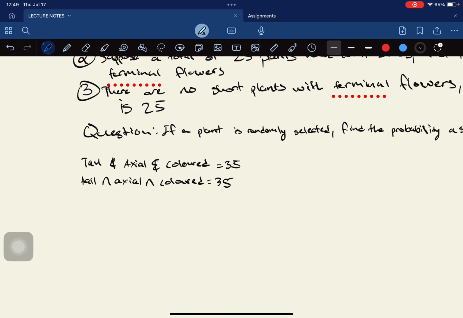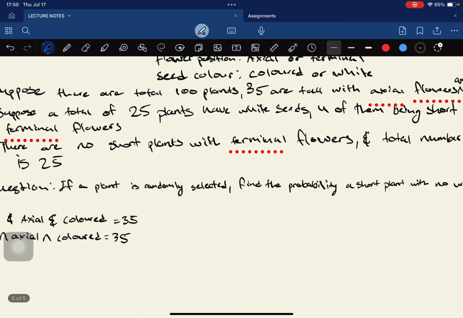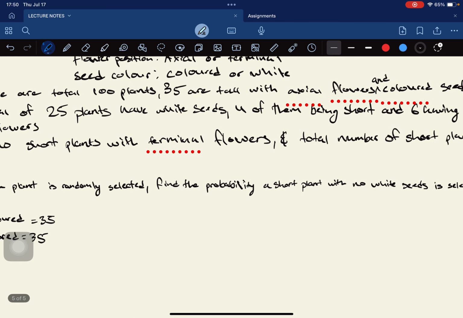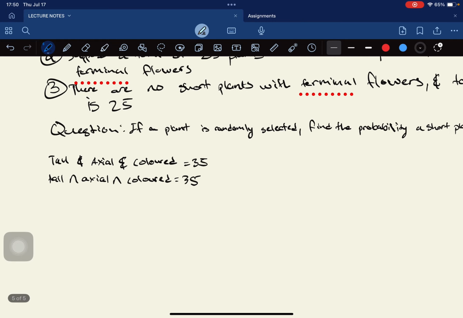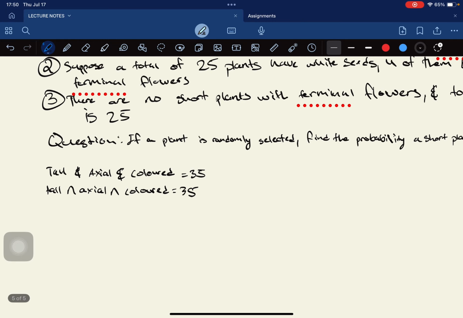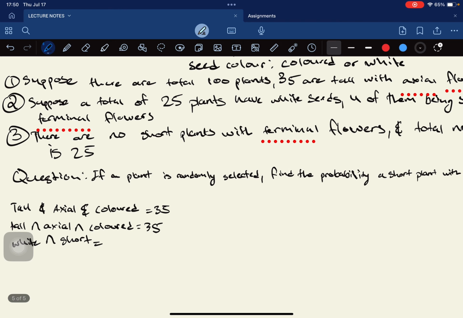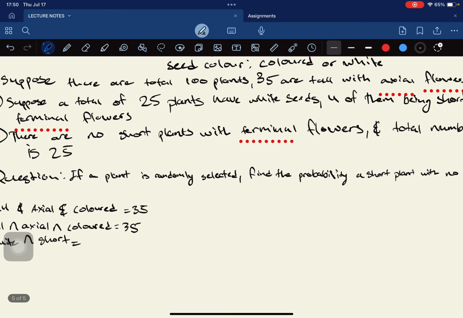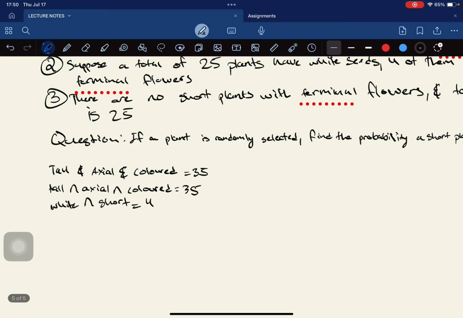The second information we have is that a total of 25 plants have white seeds, and four of them are short and six have terminal flowers. So 25 of them have white seeds. White and short would be four.